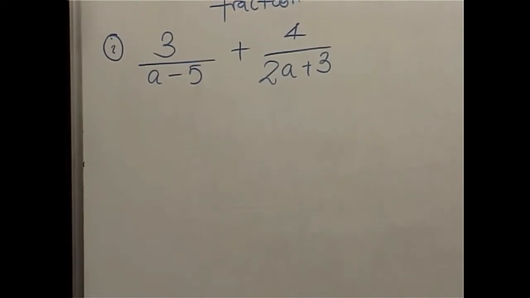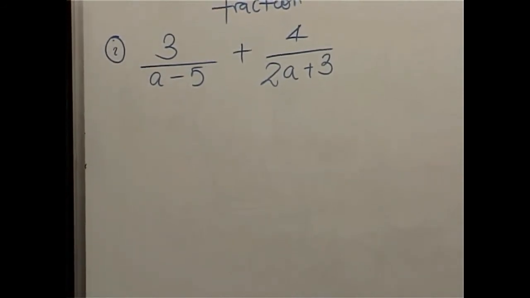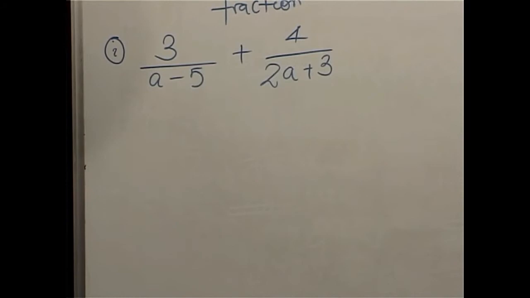So let's look at the two denominators. Given a minus 5, we are also given 2a plus 3. Are we able to factorize them? When you look at them, you are going to see that it is not possible to factorize them. So the two of them are going to be treated like the way we treated prime numbers.